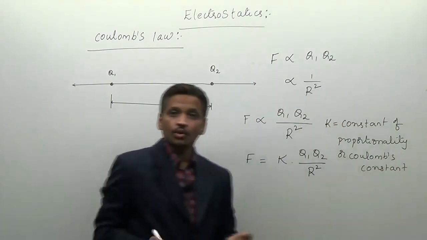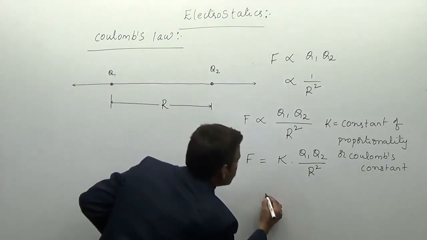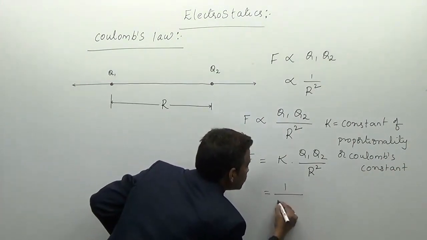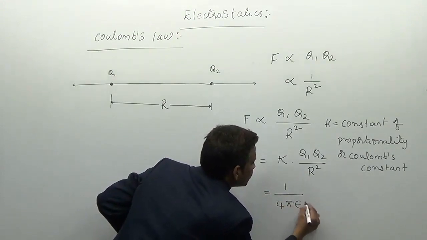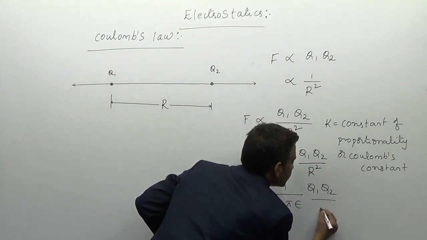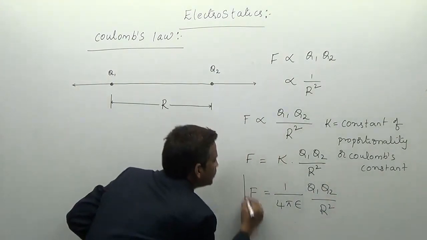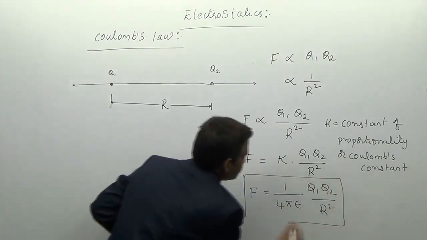And this Coulomb's constant or constant of proportionality is equal to 1 by 4 pi epsilon. Into q1 q2 by r square is the expression for the force.